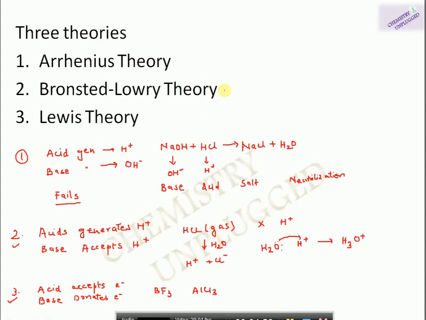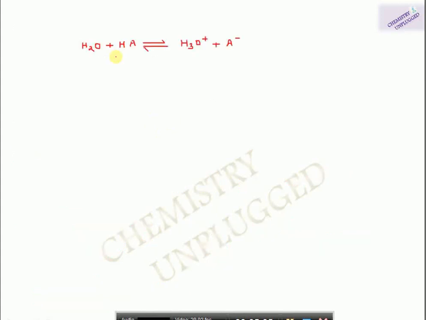Suppose we have an acid HA, and when we dissolve it in water, we get H3O+ and A-. Because HA is donating H+, it is a proton donor, therefore it is acting as an acid. And water, which is accepting protons, is a proton acceptor, and therefore it is known as a base.